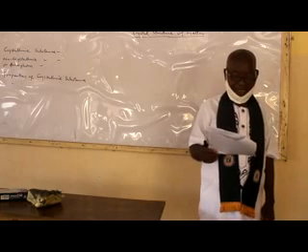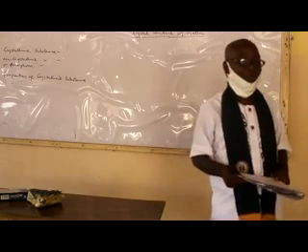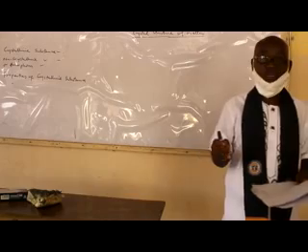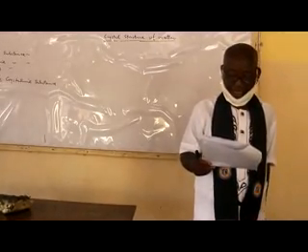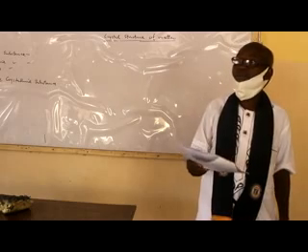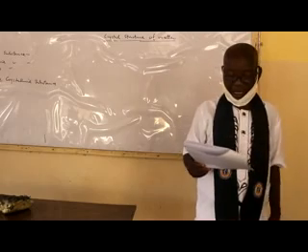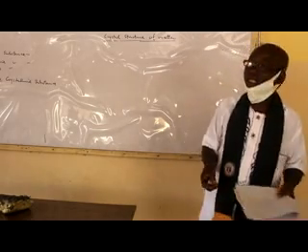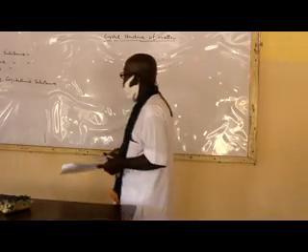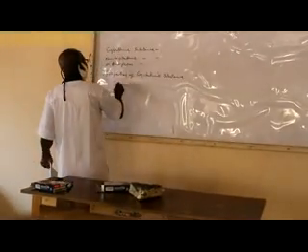Number three, they soften gradually when heated. They are usually insoluble in water. They are all anhydrous, not hydrated. So these are the properties of the two, crystalline and amorphous substance.